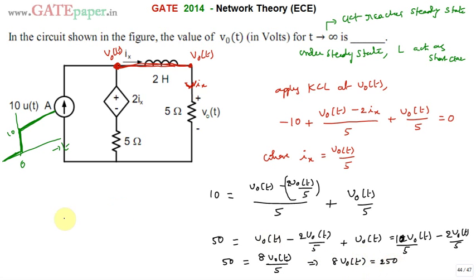So V0 of t is equal to 250 by 8, that means 31.25 volts. So the voltage V0 of t as t tends to infinity is 31.25 volts, because under steady state the inductor is acting as a short circuit. The right answer for this one is 31.25 volts.